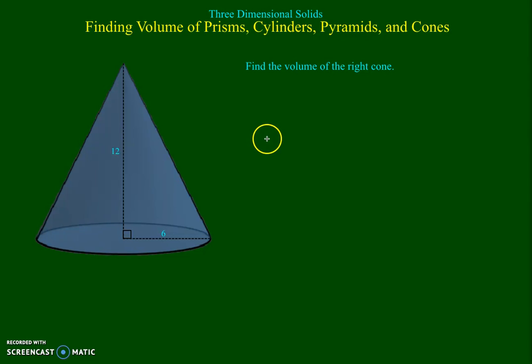In this example we have a simple right circular cone, and so let's begin with our volume calculation. Volume equals 1/3 area of the base times height. And since this is a cone, it has a circular base, so that's 1/3 pi r squared h, which is going to be pi times 6 squared, because our radius is 6, times the height, which is 12.